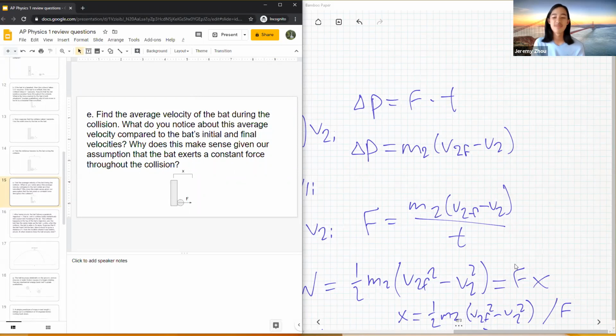So what did you guys notice about the average velocity? Did you figure out what's going on? Okay. This is meant to be interesting, okay, fine. Gotta take it like that.